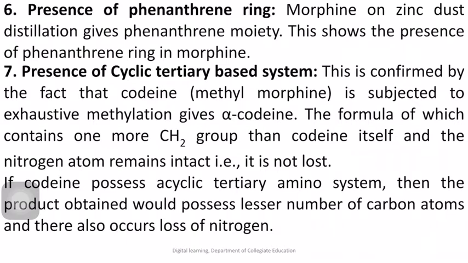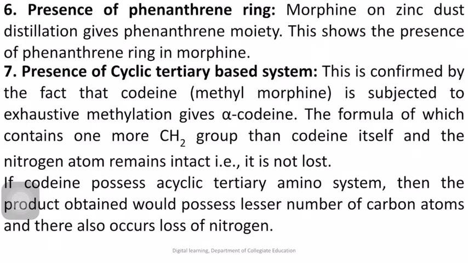Presence of cyclic tertiary base system. This is confirmed by the fact that codeine, which is methyl morphine, when subjected to exhaustive methylation, gives alpha-methylmorphimethine, the formula of which contains one more CH2 group than codeine itself.